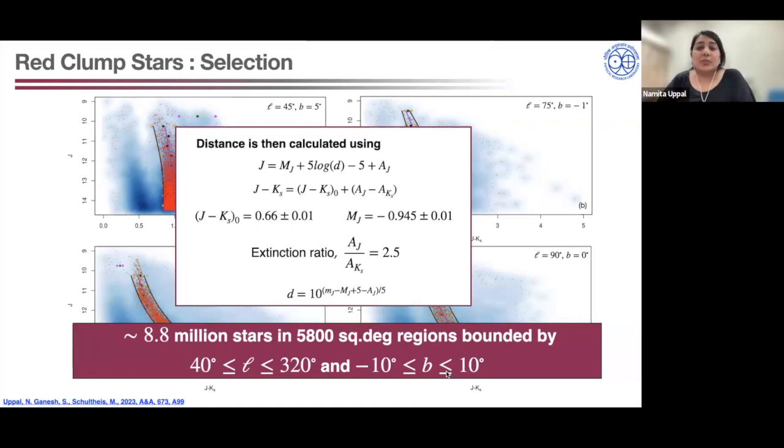The next task was to validate the catalog, whether the detected sources are really red clump stars and whether the calculated distance is accurate or not. In order to do that, we have compared our catalog with many catalogs that are available in the literature. I just wanted to show one to see the distance accuracy, because we know that Gaia has also provided distance information.